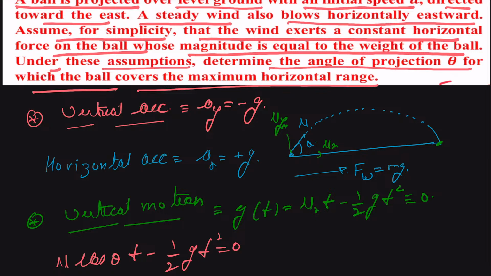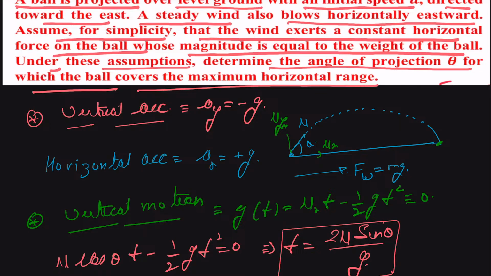So this is basically quadratic in t. So I can write directly the value of this t will be coming as 2u sine of theta divided by g. So this is the total time it takes from point A to reach point B.